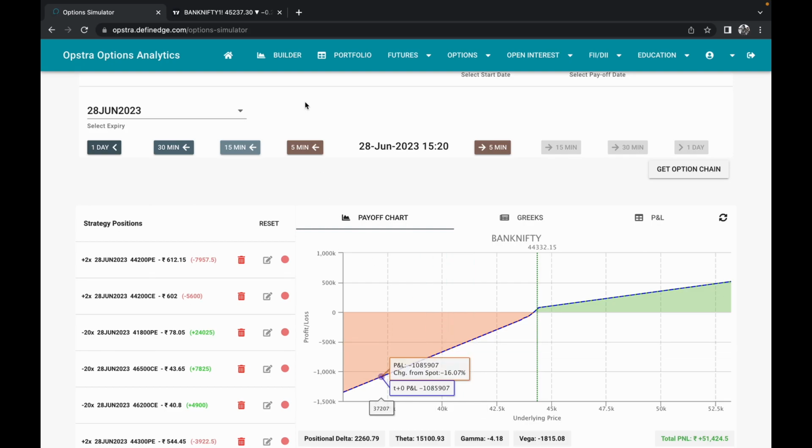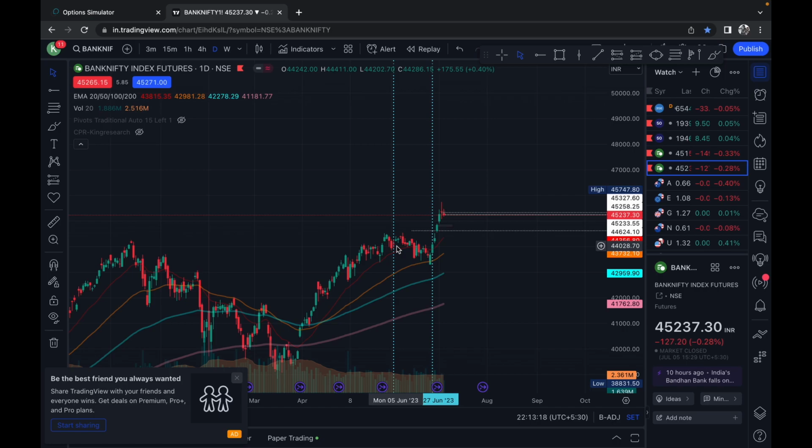If you go and see the Bank Nifty chart, the positions I took in the month of June are clearly in this area. But after that, as you can see, the market has gone up very aggressively, right? Even if this one day shift happened in the market, the Bank Nifty expiry is on the 28th, so we are not going to get the profit because of that movement in the up direction.